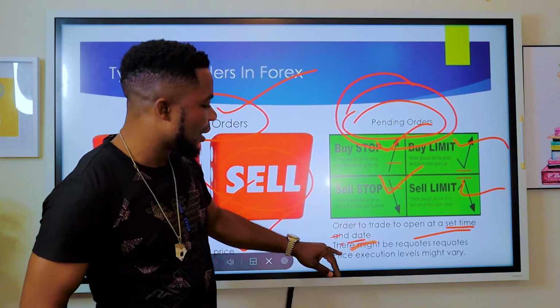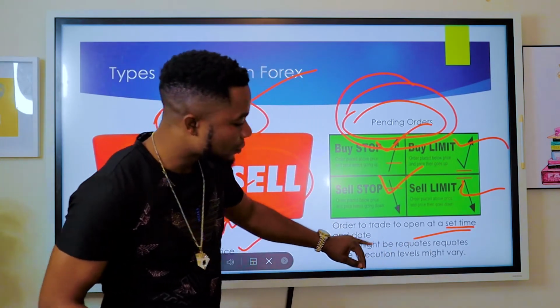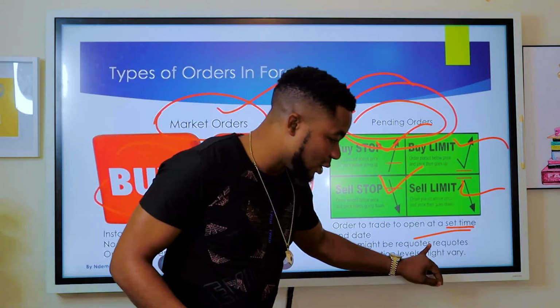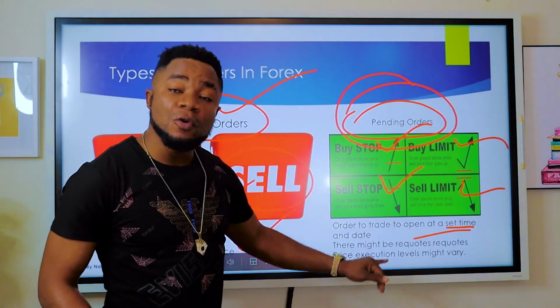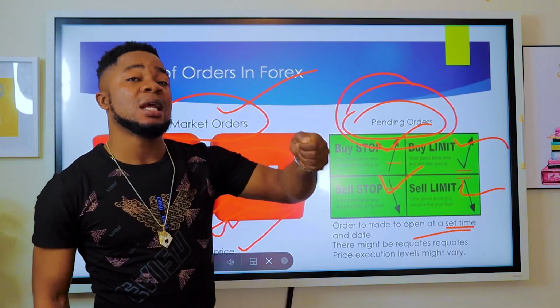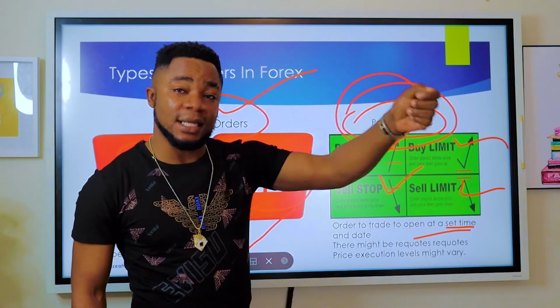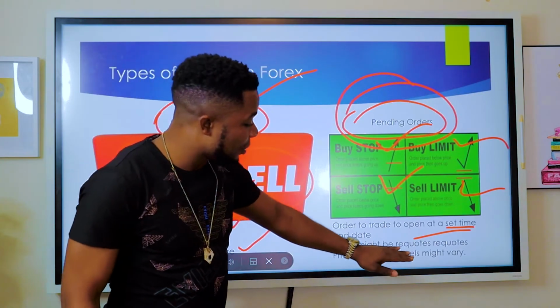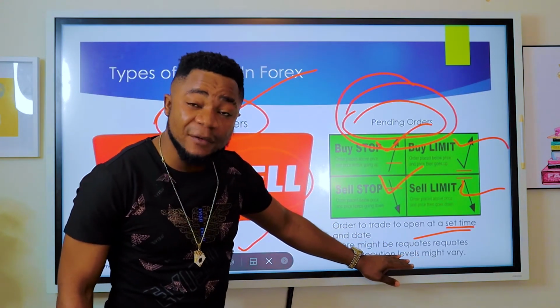And then there might be a requote. So you have to be very careful when you are using pending orders. Since the trade will be executed at a later time, or a later date, or a later day, there can be an instance where you actually have a requote.